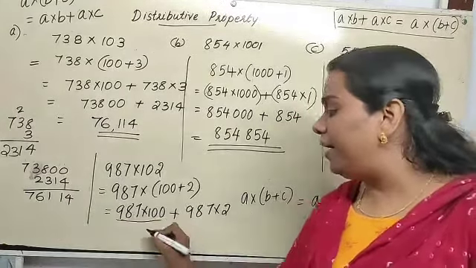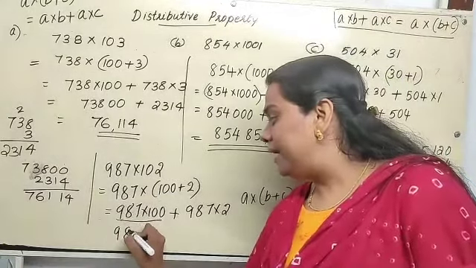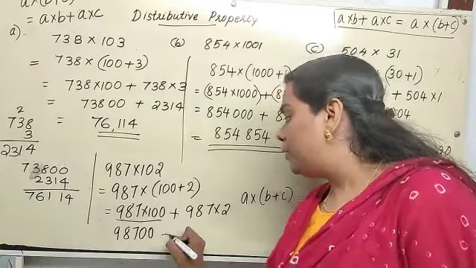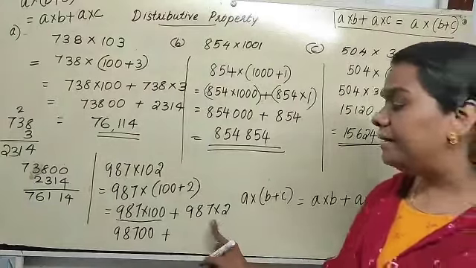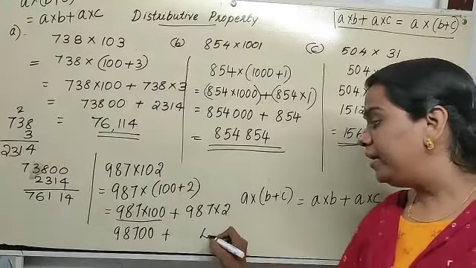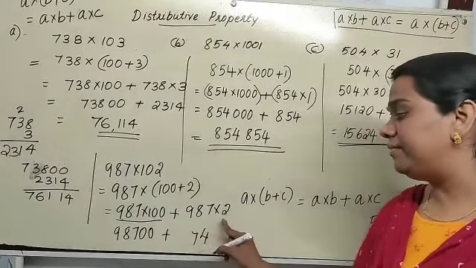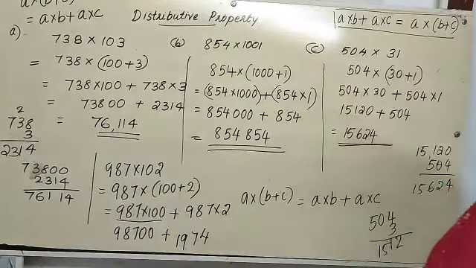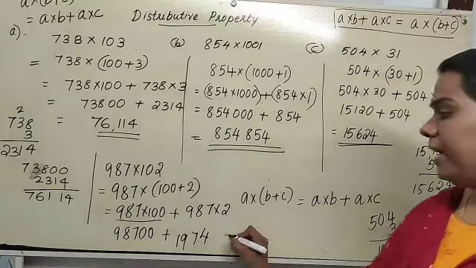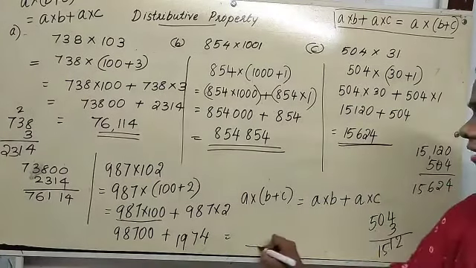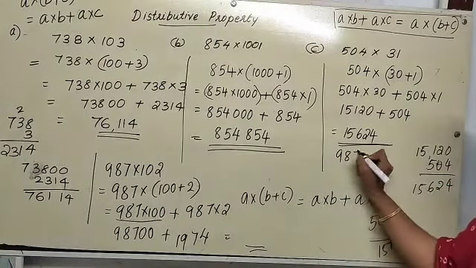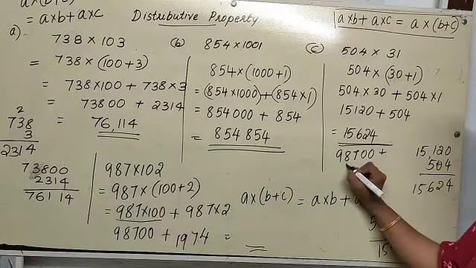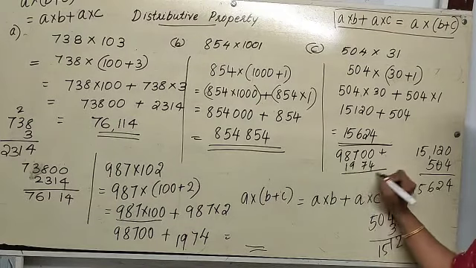Then first of all, you have to multiply this: 98700. Plus this one, you should add: multiply 987 into 2. 987 into 2, we get 1974. You can add the numbers and get the final answer.